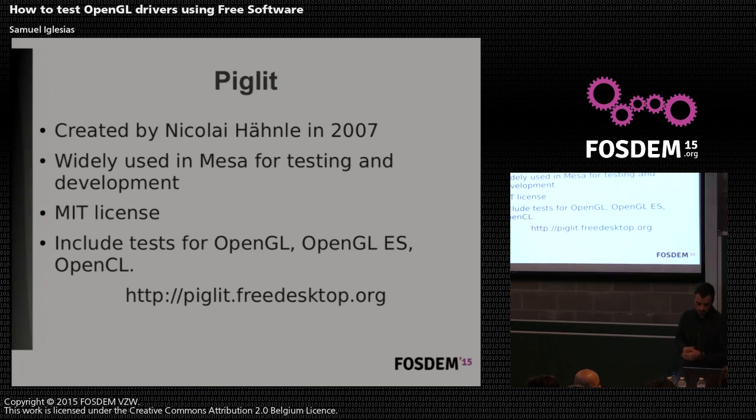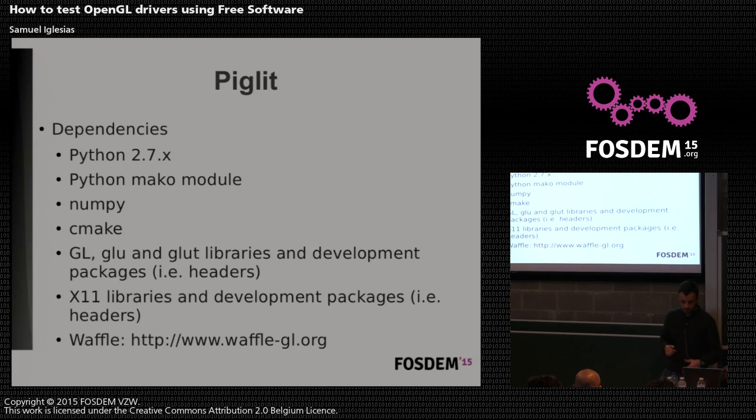So, talking about Piglit, it was created in 2007. It's widely used in Mesa for testing and development. It includes tests for OpenGL, OpenGL-ES, OpenCL. But if you want to build it and install it on your system, you need to fulfill these dependencies. The first one is Python 2.7, then the Python Mako module that creates source files according to templates.